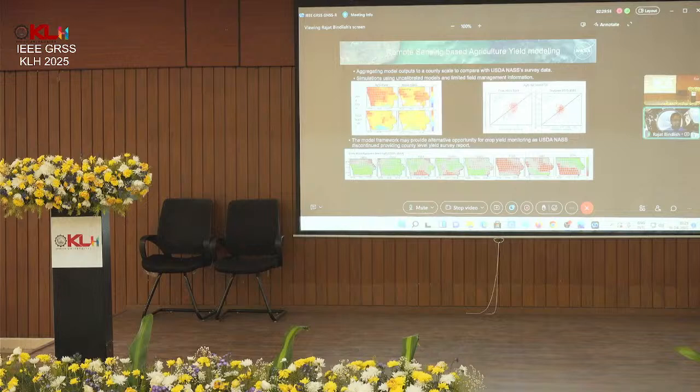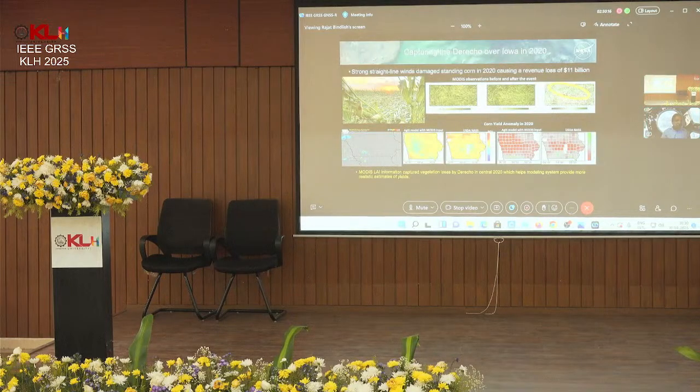This example shows you the corn yield anomalies for different years over Iowa, all the way from 2015 and 2016, which are good years, and then 2020 and 21, 22, which were not so good years. Then I wanted to show you 2020 as a case study.